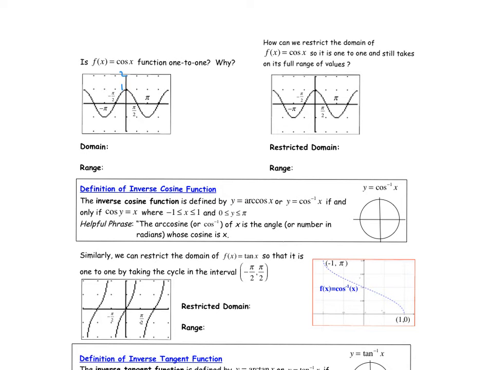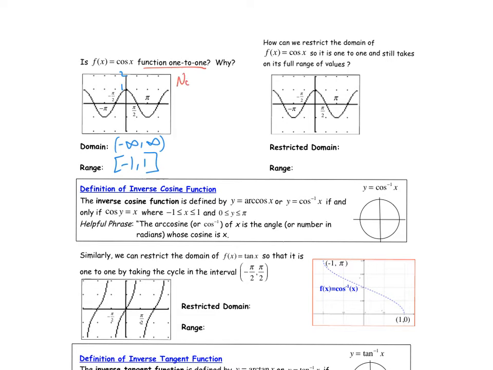So the domain of cosine is all real numbers, so negative infinity to infinity. And the range is all possible outputs, which range from -1 to +1 inclusive. So that's our range. Now we're going to say, is this function 1 to 1? To be 1 to 1, the graph has to pass the horizontal line test.